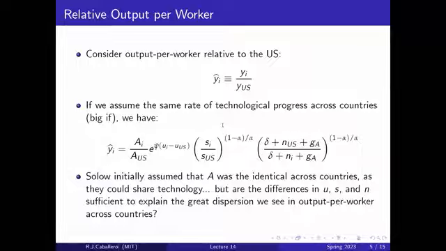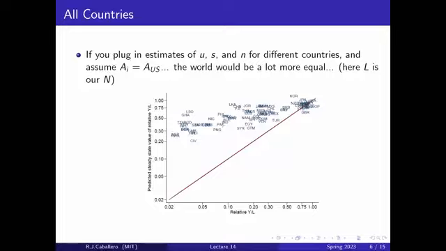So if a country has more years of schooling, it will tend to have a higher income per capita, and so on. If you try to explain the differences in income per capita across the world using variables like years of schooling, differences in saving rate, differences in population growth, and so on, the world would be a lot more egalitarian than it actually is. It would look a lot flatter, okay?